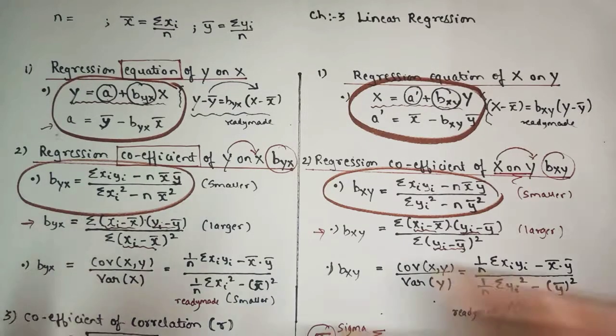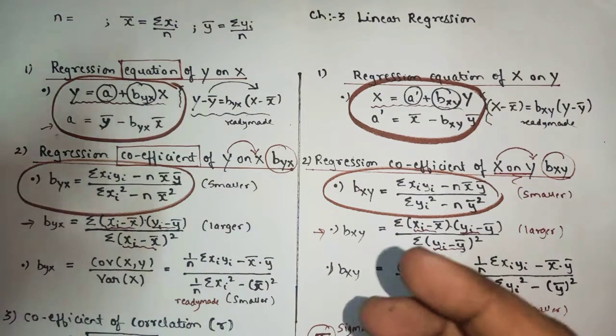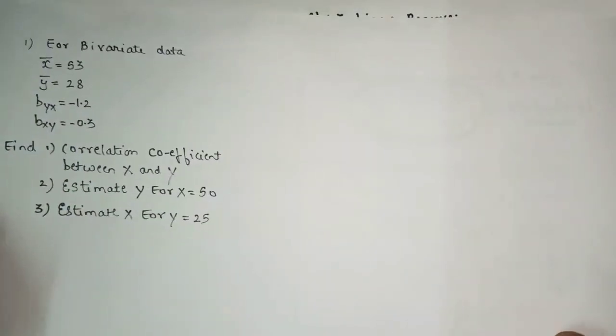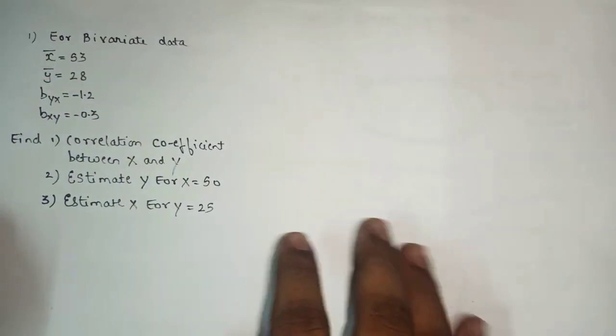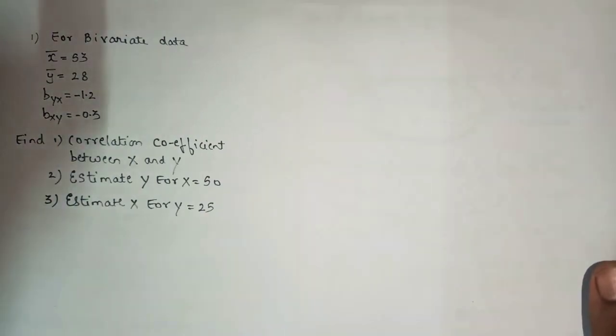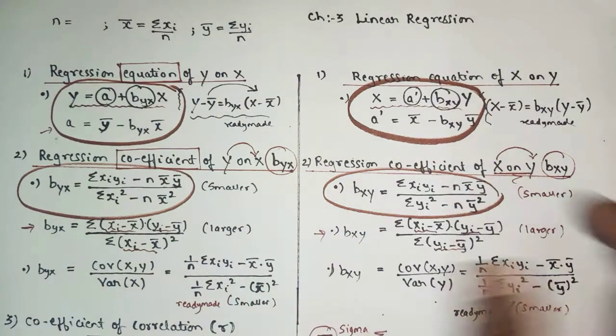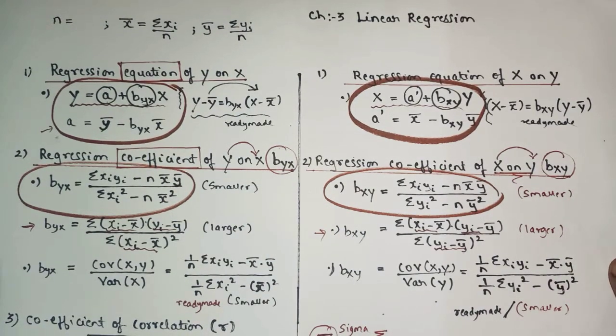Simply you have to guess the formula, which formula will come, apply the formula, and substitute the given values. You have to guess the formula according to the given condition. As here we have some values, according to that you have to guess which formula will come.